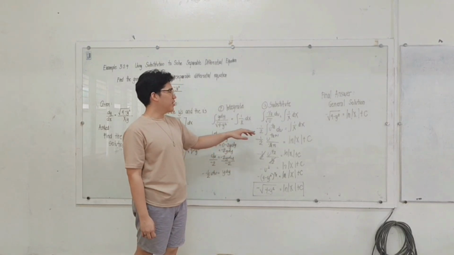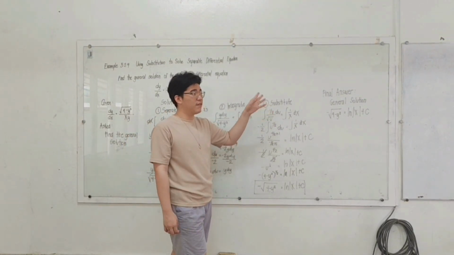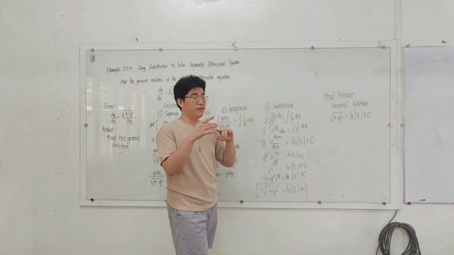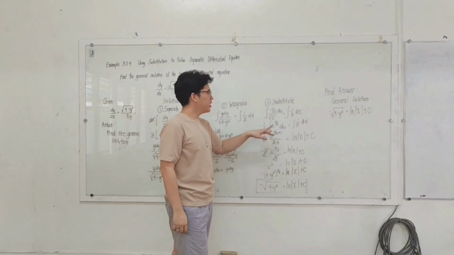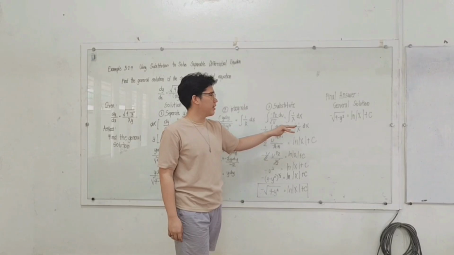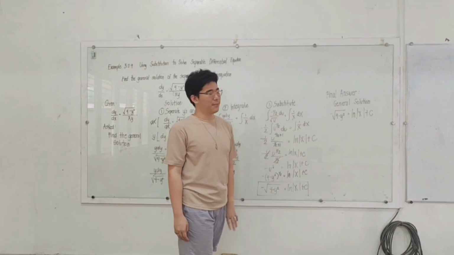Fraction magiging negative, and then square root will become negative 1/2. So our equation now is negative 1/2 multiplied with the integral of u raised to negative 1/2 du is equal to the integral of 1 over x dx.